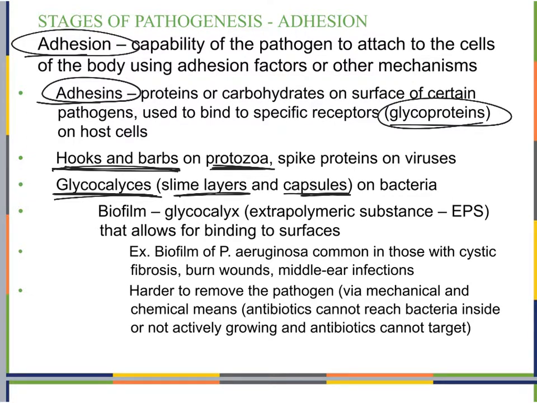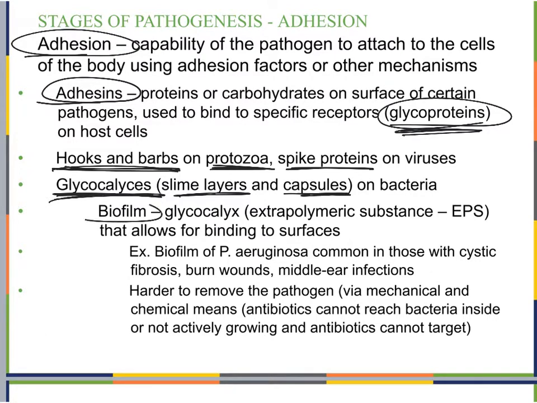We see spike proteins on viruses, so that's what I was saying with the glycoproteins on the HIV virus, those spike proteins. So we have hooks and barbs on protozoa, we have spike proteins on viruses, we have glycocalyces, including slime layers and capsules on bacteria that make them very sticky and allow them to attach. And then that is going to allow them to get into the body further. But first we have this stage of adhesion, so the sticking of the pathogen to some particular portion of the body.